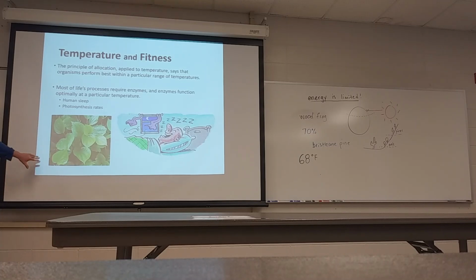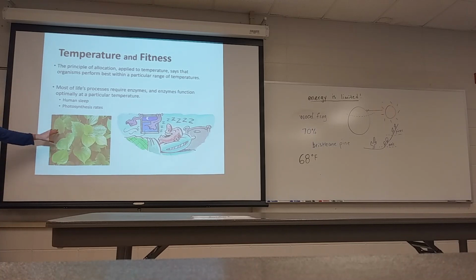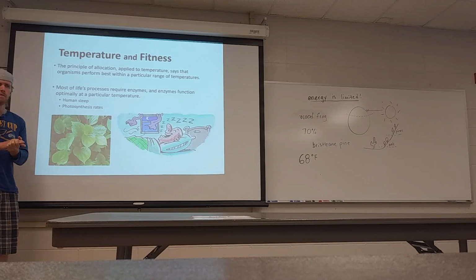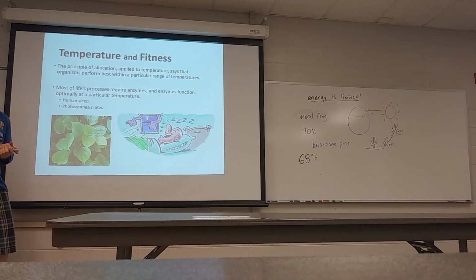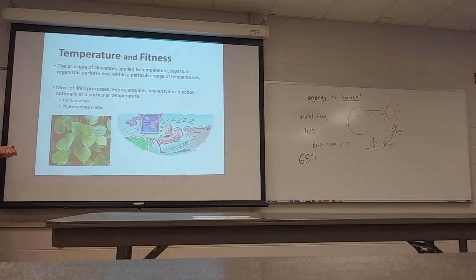And so plants, we're ignoring the rainfall part for now because this is about temperature, are going to photosynthesize optimally at a certain temperature and/or temperature range. If it's too hot or too cold, they can still do it, but not nearly as efficiently, and you'll get fewer crops if it's not optimized in terms of temperature.